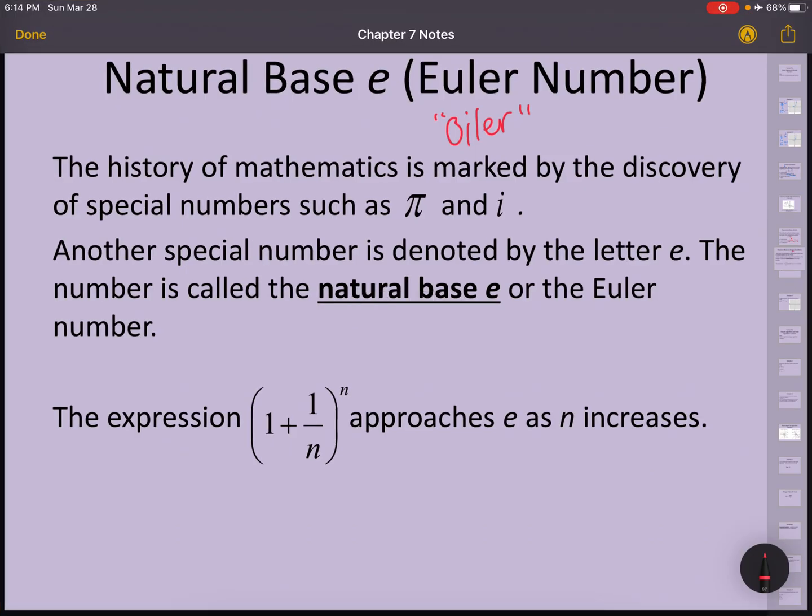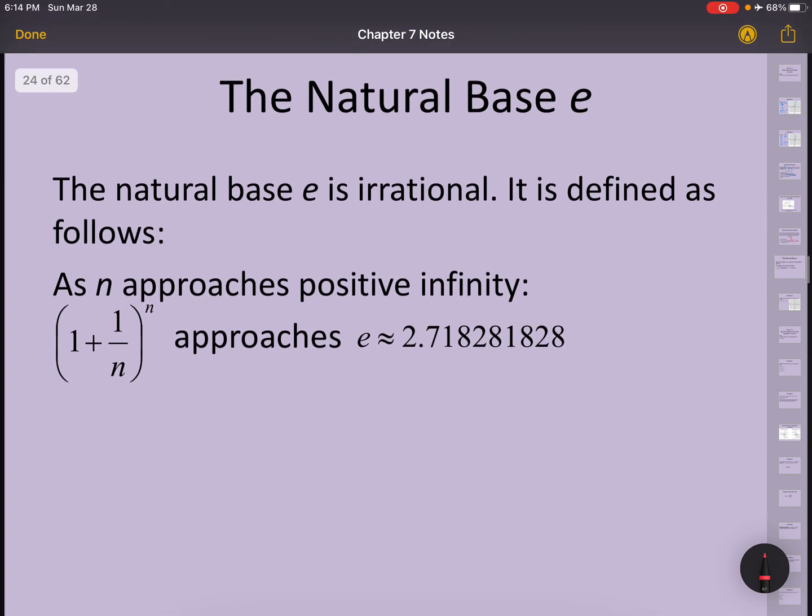So the natural base e is approximately equal to 2.718 as n approaches positive infinity for 1 plus 1 over n, all raised to the nth power. This is irrational since it keeps going on forever.